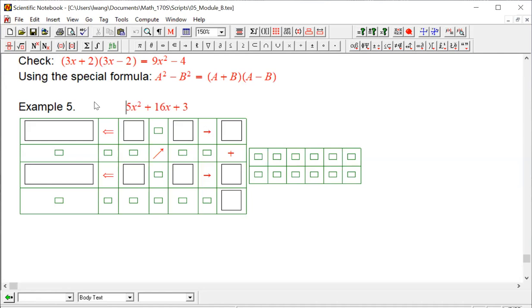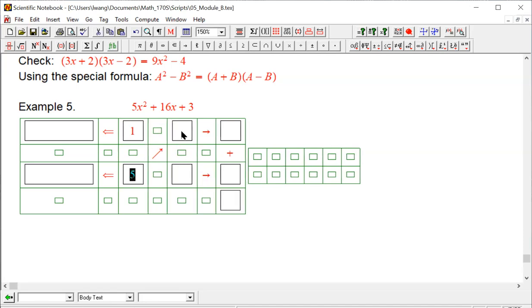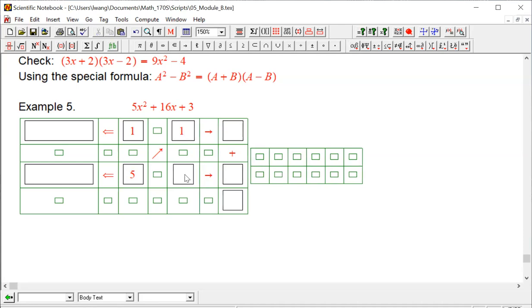Okay, so we have 5x squared, and 5 equals 1 times 5. Negative 1 times negative 5, of course, in different orders, and 3 is 1 times 3. And we do the cross multiplication.